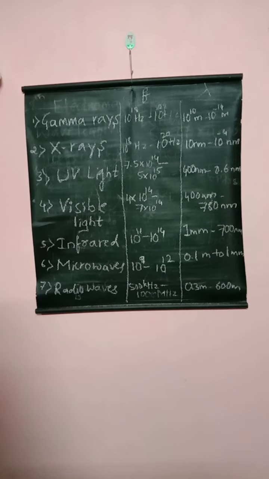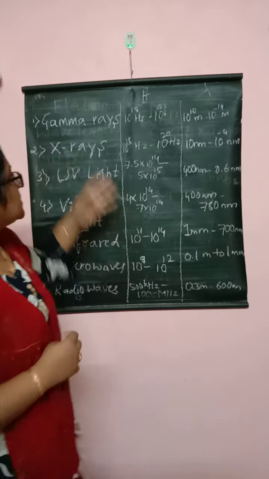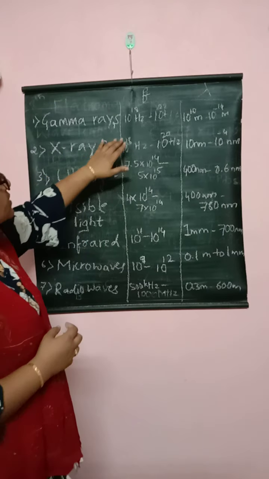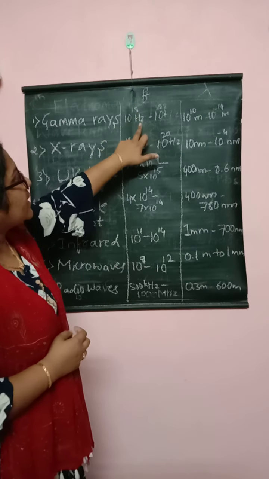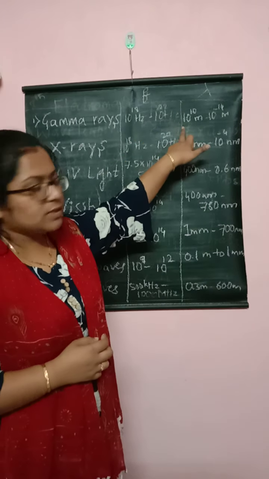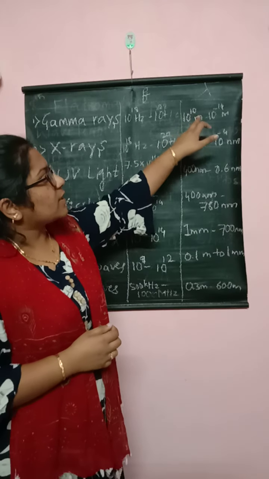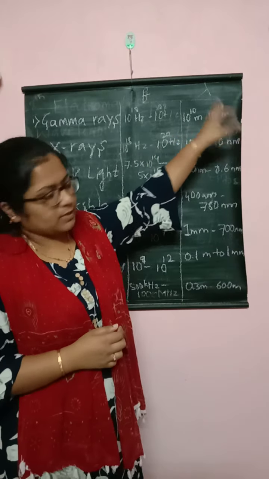Okay, this is all about the values of wavelengths and frequencies of these waves. See here, gamma rays have a frequency 10 raised to 18 hertz to 10 raised to 22 hertz, and the wavelength is 10 raised to minus 10 meter to 10 raised to minus 14 meter.